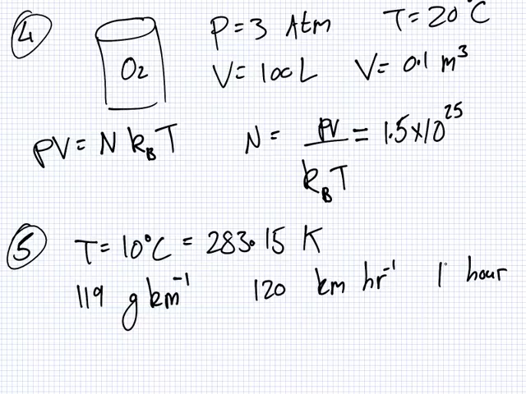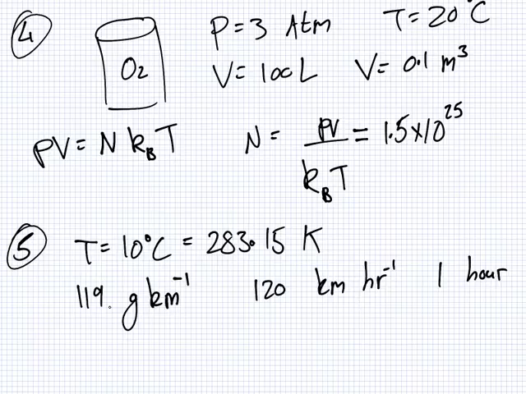So the first thing is, how much carbon dioxide was released? Well, I tell you, it's 119 grams for every kilometre. I'm driving at 120 kilometers per hour, and I drive for 1 hour. So, if I drive for 1 hour, how many kilometers is that? 120.